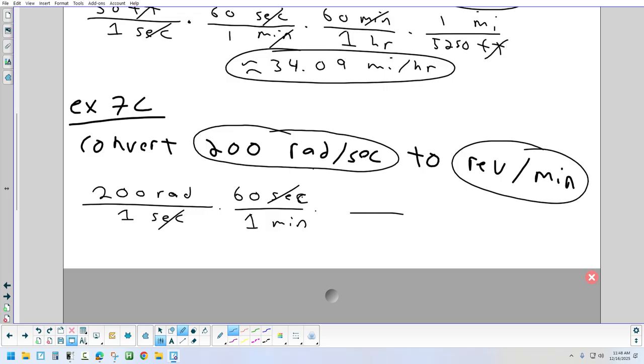Can someone give me where my units are gonna go? Just the units, no numbers in the last fraction. Yep. Revolutions over radians. Now we've got the right units, revolutions per minute, but I need the connection. What am I going to fill in for how many radians in a revolution?